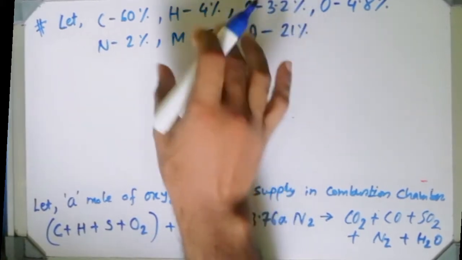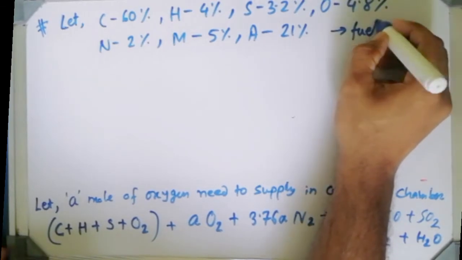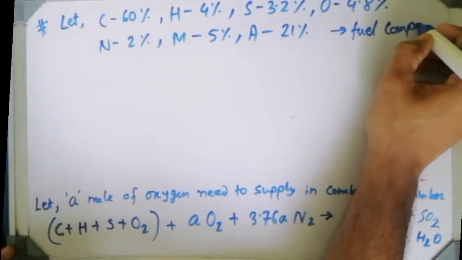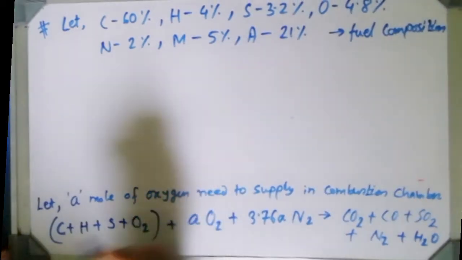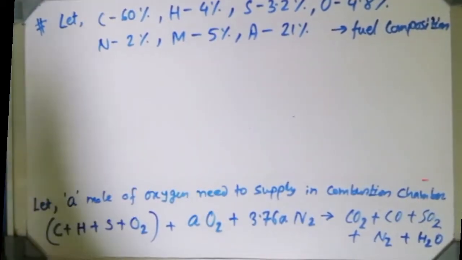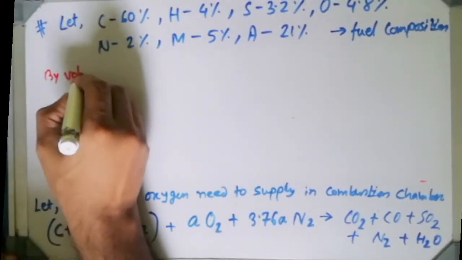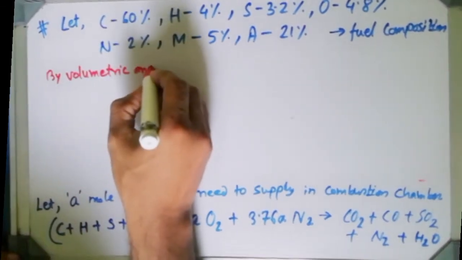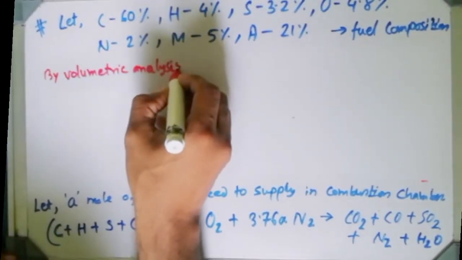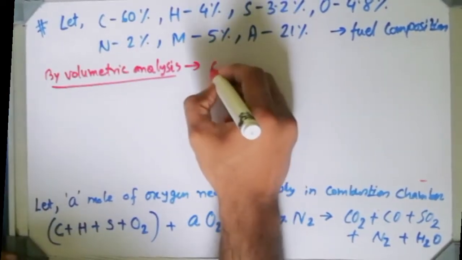Now coming to the exhaust gas volumetric analysis. By volumetric analysis, what data are we getting? One experiment is being done, an analysis process. Suppose this data is given: CO2 plus SO2, I am getting 12%. It is a flue gas composition. Carbon monoxide we are getting 2%.